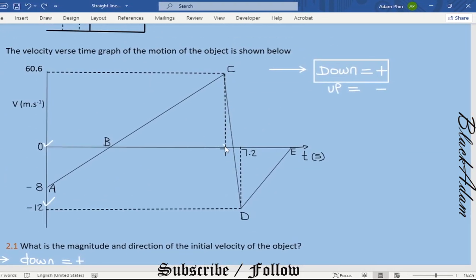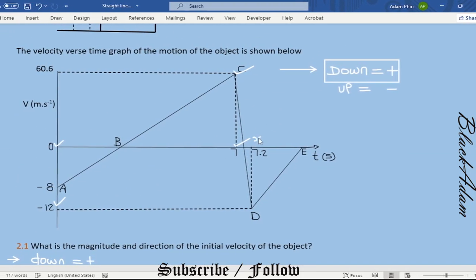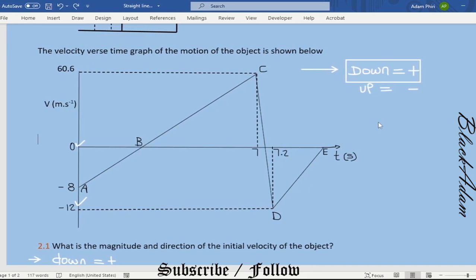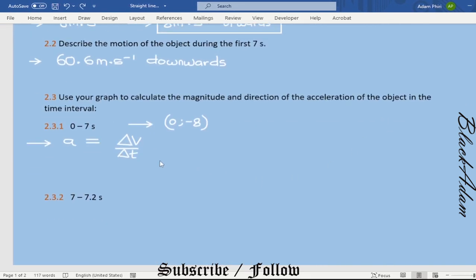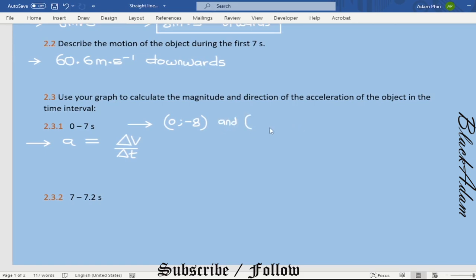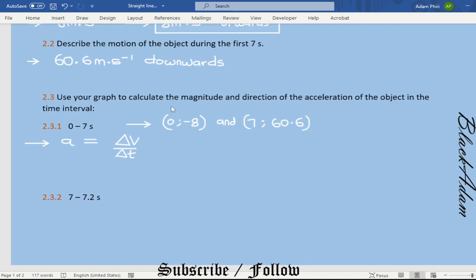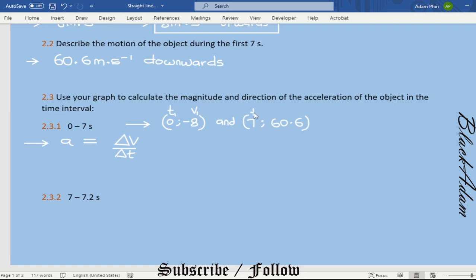At 7 seconds, the y value is 60.6 meters per second. So that is T1, V1 and T2, V2.